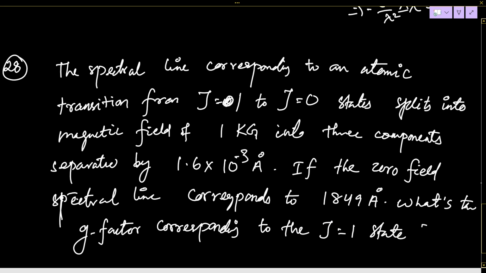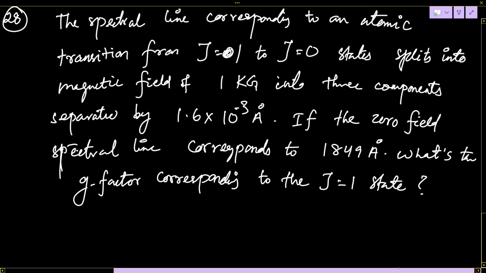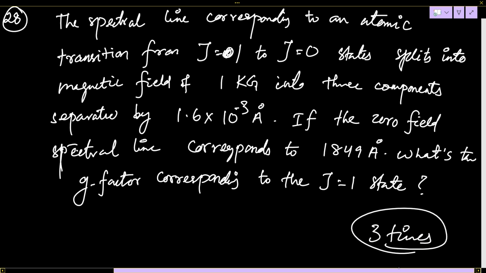We will read the question three times. Just read the question, no need to solve it yet. The spectral line corresponds to an atomic transition between J is equal to 1 and J is equal to 0 states, splits in a magnetic field of 1 kilogauss into three components separated by 1.6 times 10 to the minus 3 angstrom.